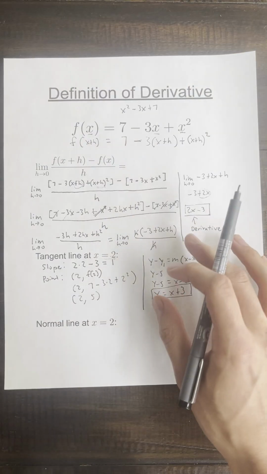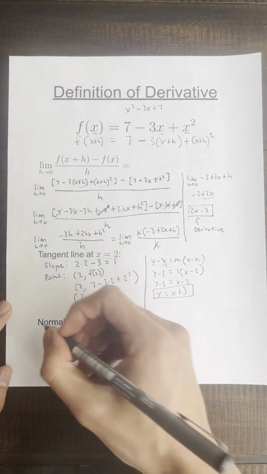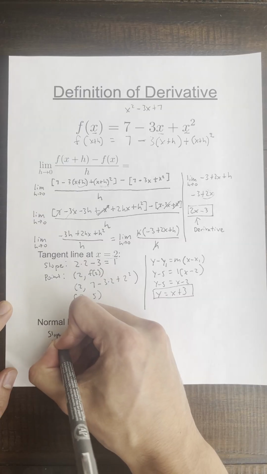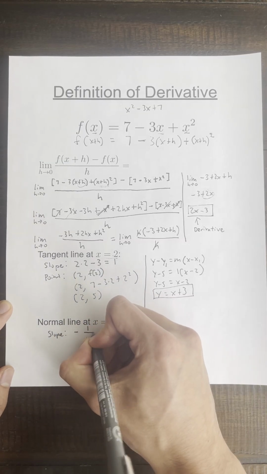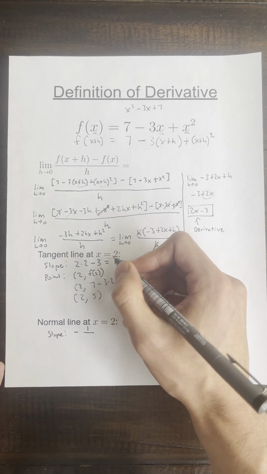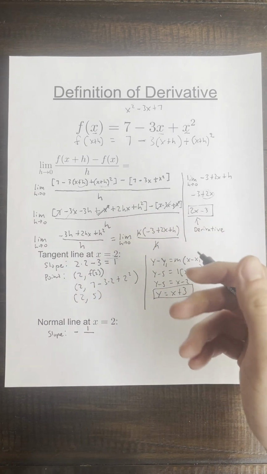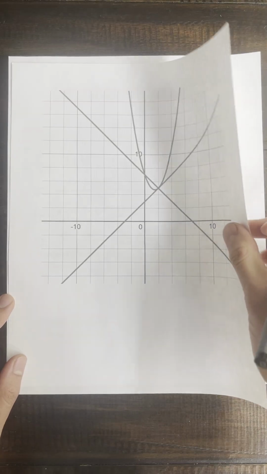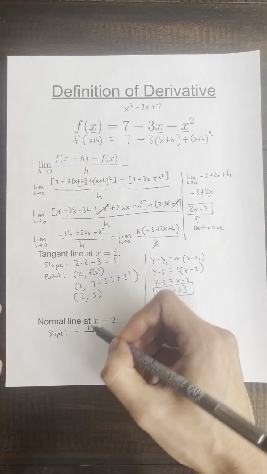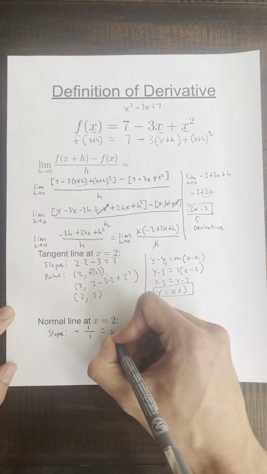So what would the slope be? There's a formula for that. It'd be negative 1 over the slope of the line that it's perpendicular to. So that tangent line, negative 1 over this number, negative 1.